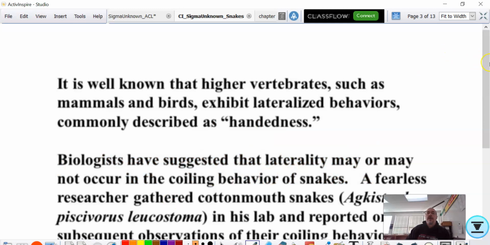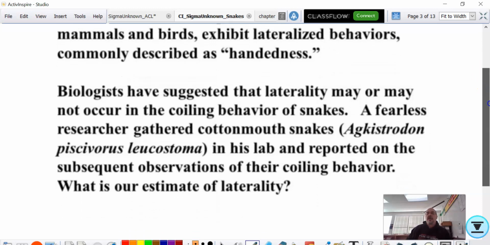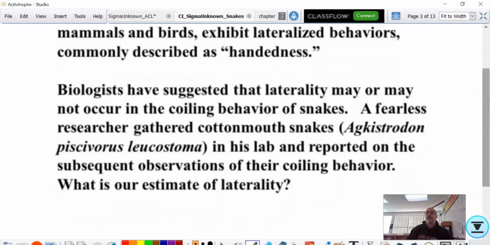Step 0, understand the problem. It is well known that higher vertebrates, such as mammals and birds, exhibit lateralized behavior, commonly described as handiness. Biologists have suggested that laterality may or may not occur in coiling behavior of snakes.